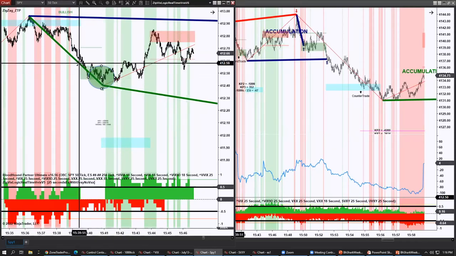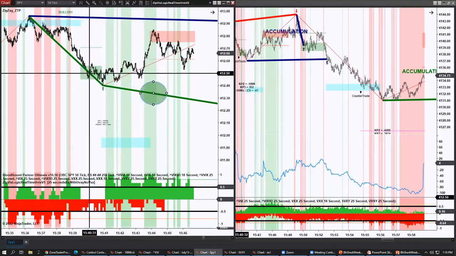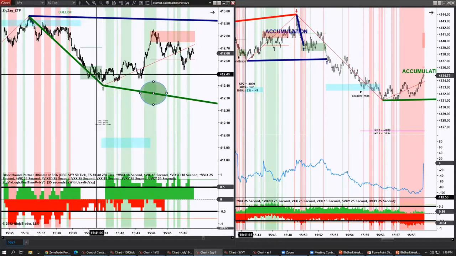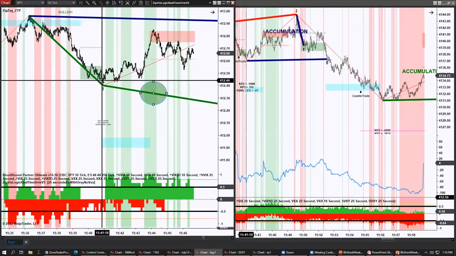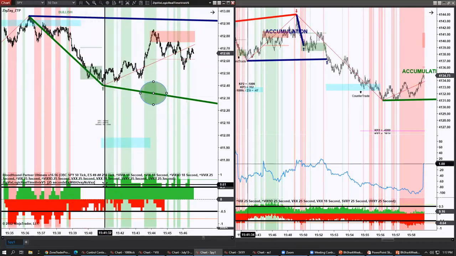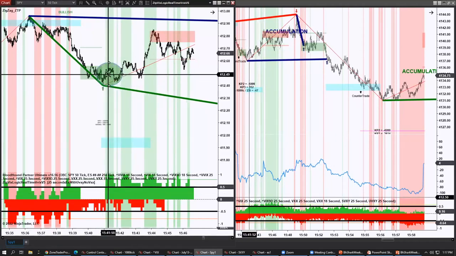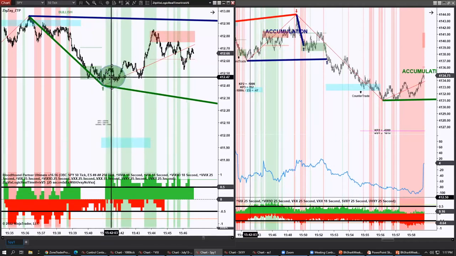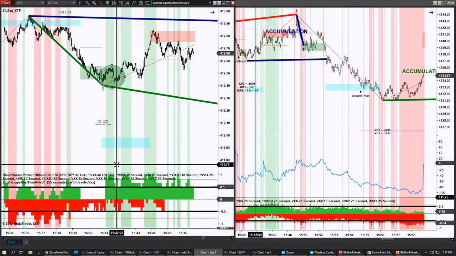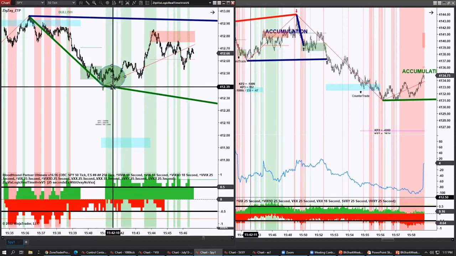We had a signal right in here for divergence, but we actually didn't right there have a long VIX signal. We didn't have our long VIX signal right in there. So if you waited, then entered, what happened?